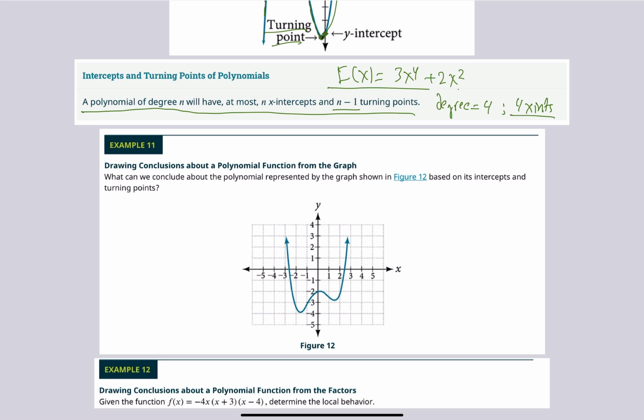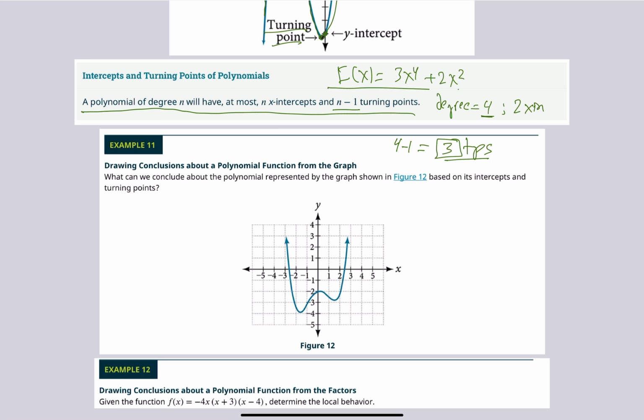Now, what about the turning points? You take the highest degree, which is 4, and subtract 1, which gives 3, and this is the most turning points this function can have. It can have 1, 2, or 3 turning points. It doesn't matter which is greater, the number of turning points or the number of x-intercepts. Let's say this function has 3 turning points and 2 x-intercepts.